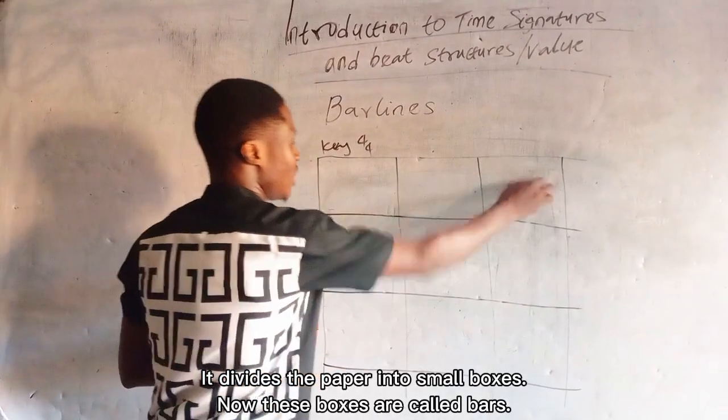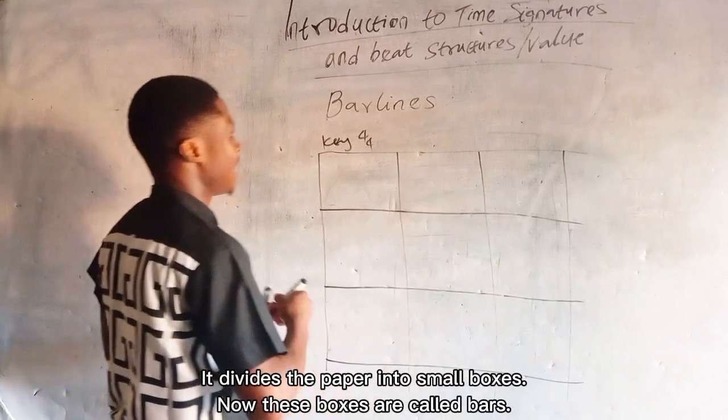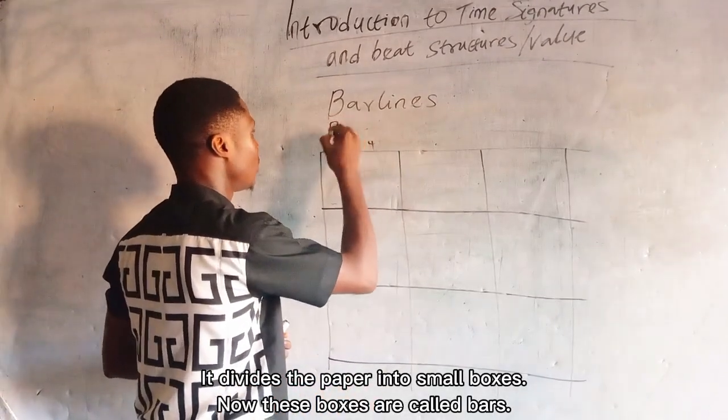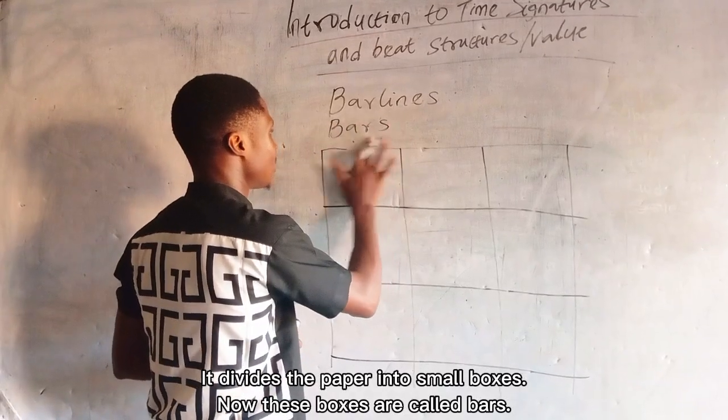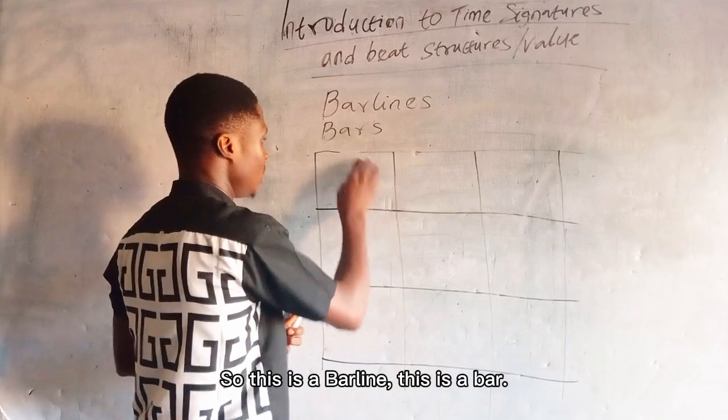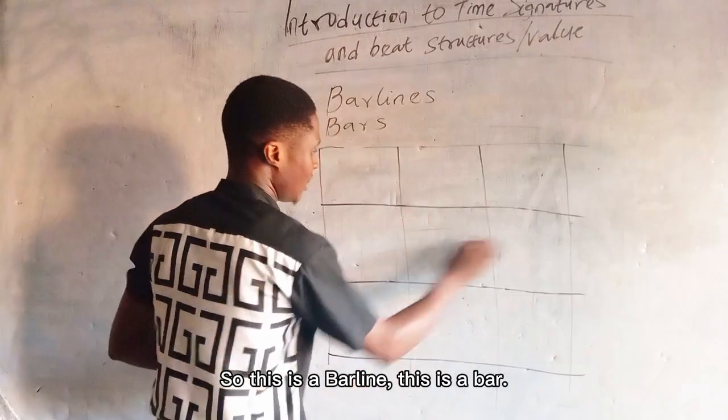Now these boxes are called bars. So this is a bar line. This is the bar.